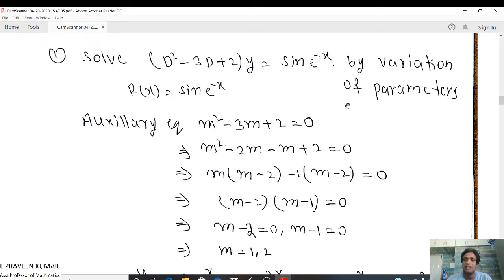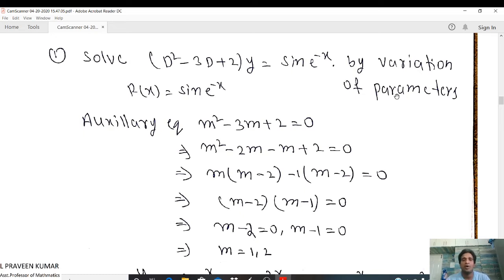Here they have specified variation of parameters. Some problems may be done in 2 to 3 methods, so you may get confused about which method to use. In variation of parameters, generally they specify the method.